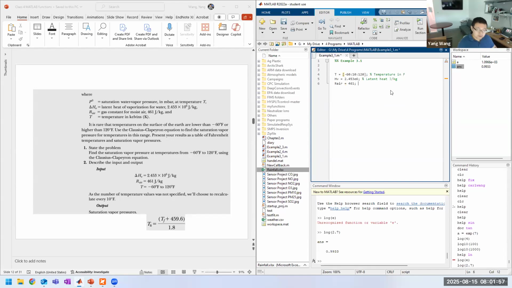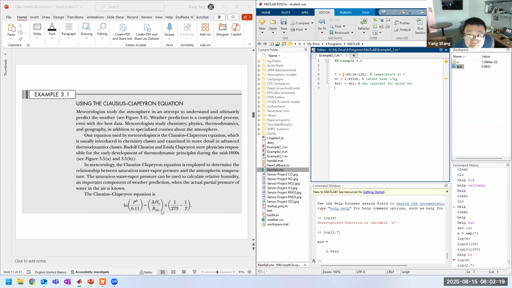We should note that MATLAB never recognizes units, so we should not type units into our numbers, otherwise it's going to recognize it as a string. This is the gas constant for moist air. So this is what we need right now.